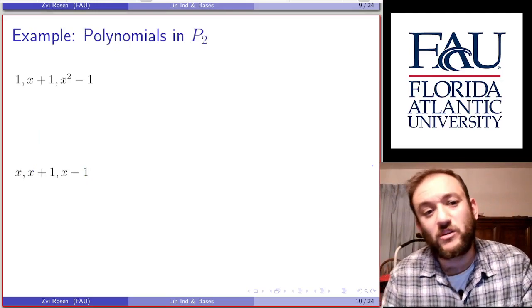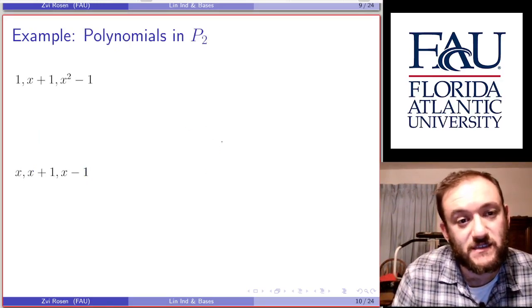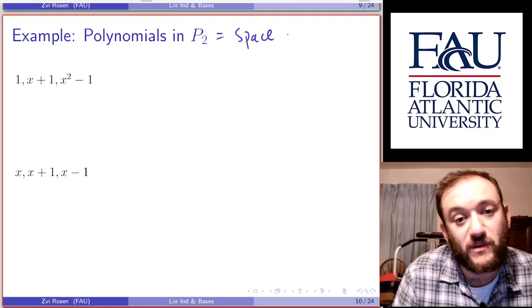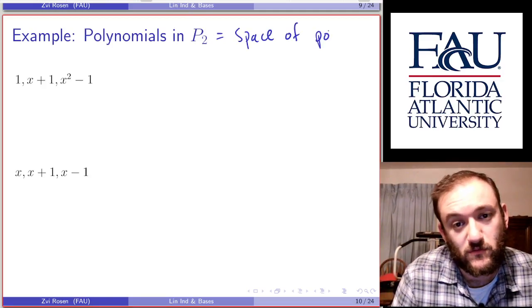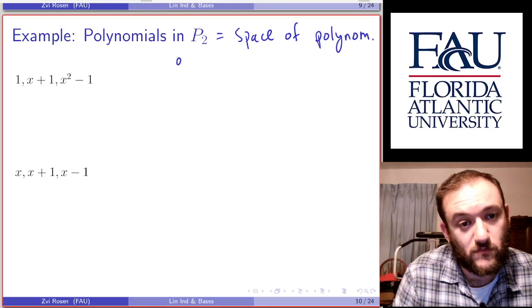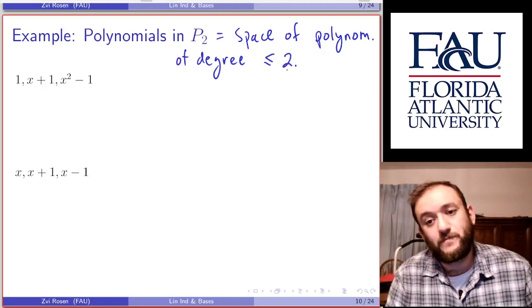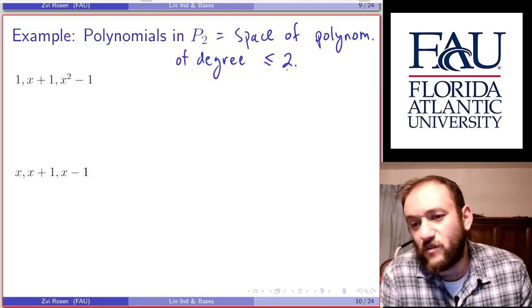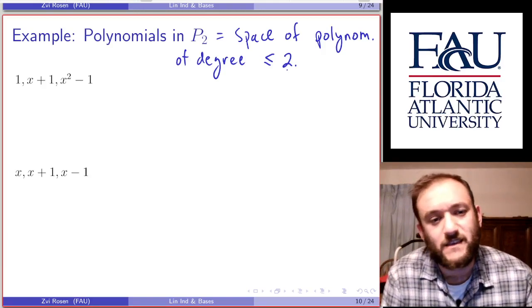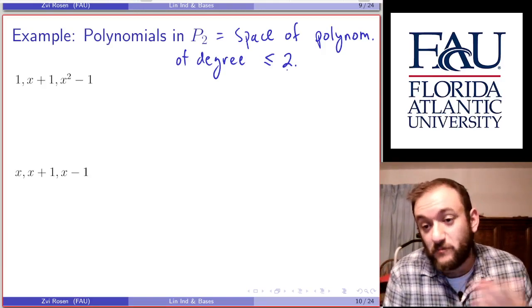Now let's consider polynomials in P2. This is the space of polynomials of degree at most 2. Okay, and it's not hard to figure out that this is a vector space. You can always add polynomials together.